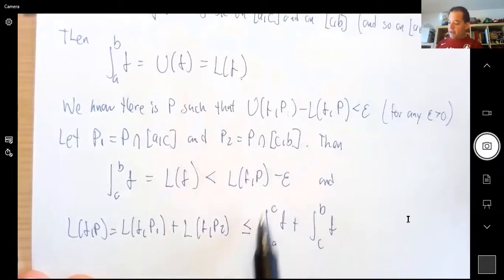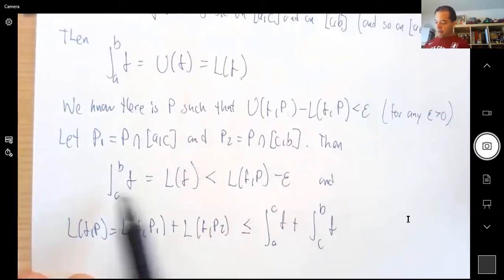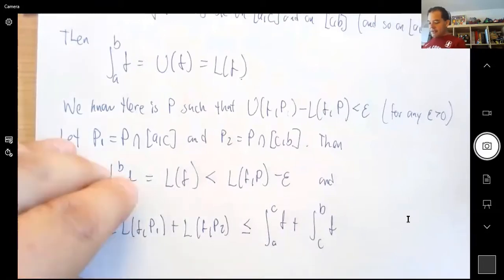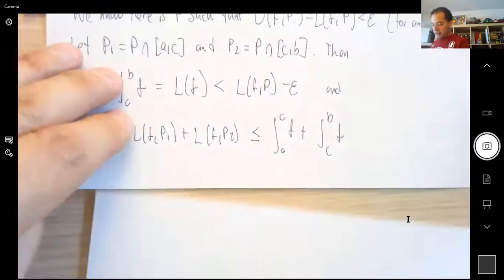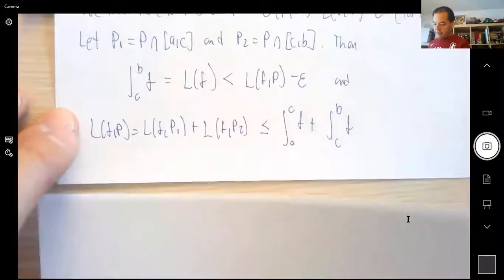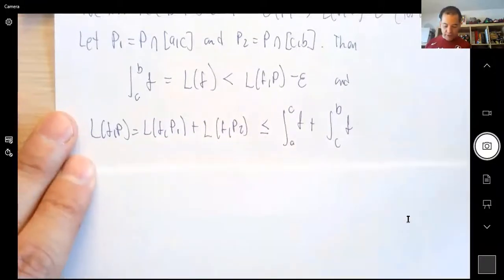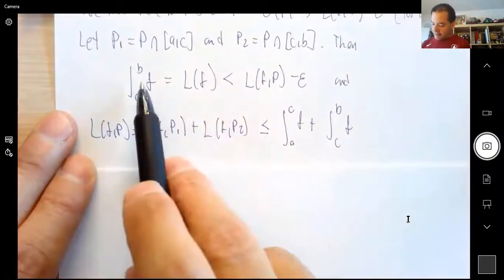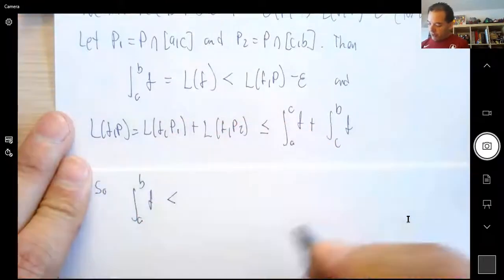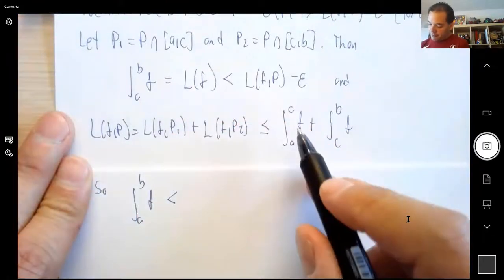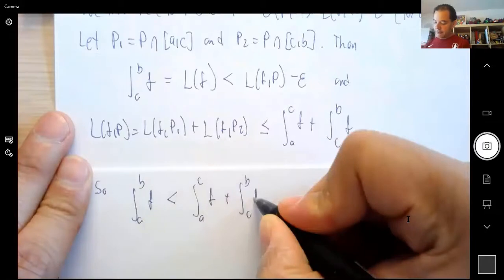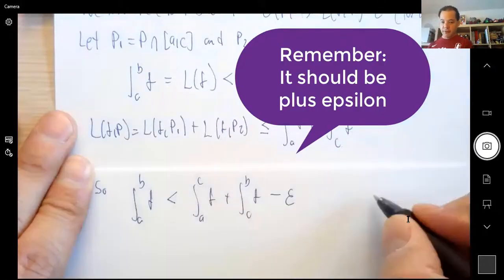So in particular, it's an upper bound of a specific partition. The same with this one. This is an upper bound of this specific partition. Okay? So if you put these two together, what it says is that this integral is smaller than the sum of these two minus epsilon. And we're going to save this one.